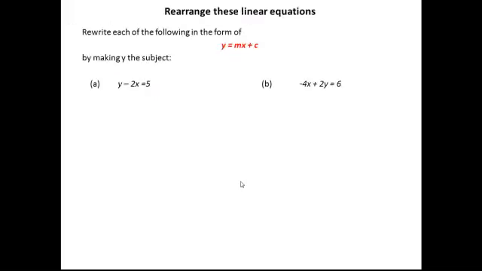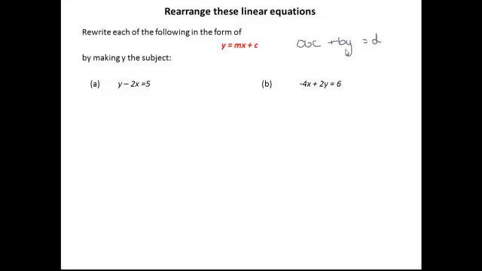Now I mentioned in the beginning of this session that we could have the equation of a line in a different form. We could also have it in the form ax plus by is equal to d, where a, b, and d are just numbers. So if you take a look at this here, I've got negative 4x plus 2y is equal to 6.